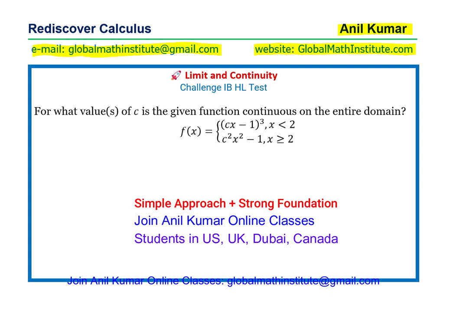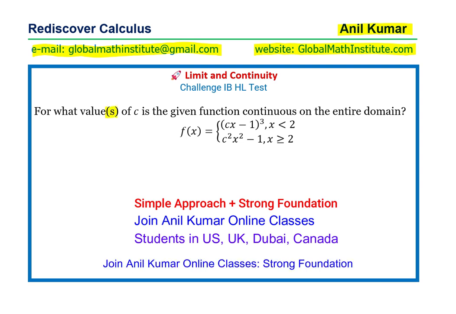So here is a wonderful question based on continuity of a function. We are given: for what values of c is the given function continuous on the entire domain? Now read the problem carefully. Values means more than one, right?